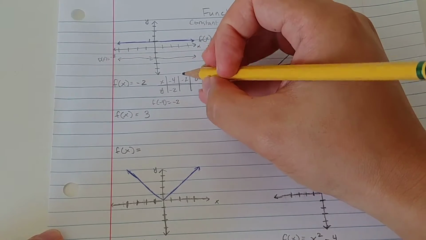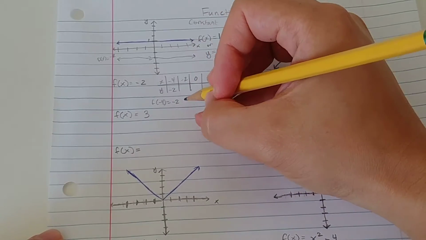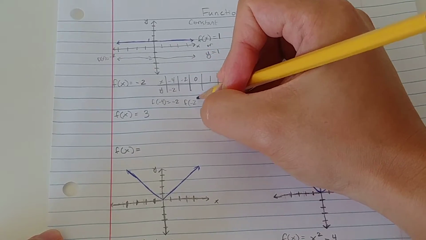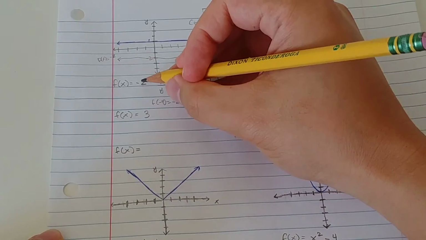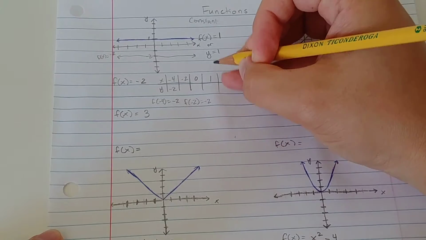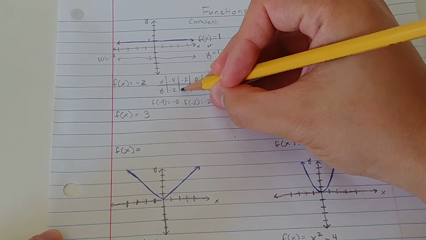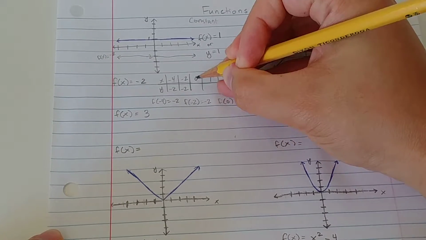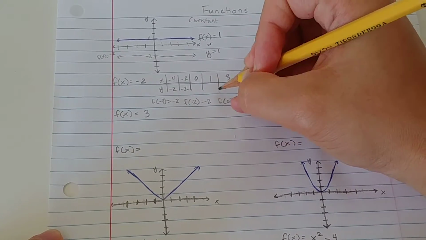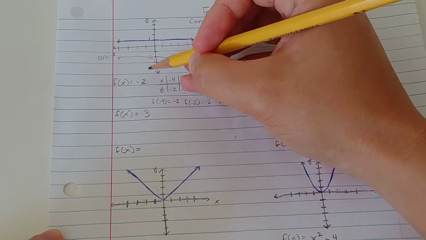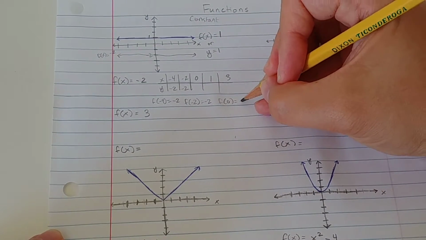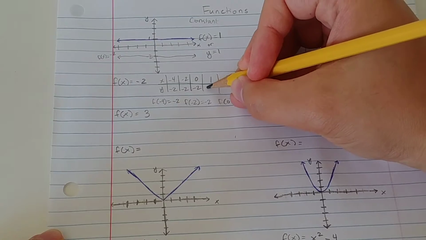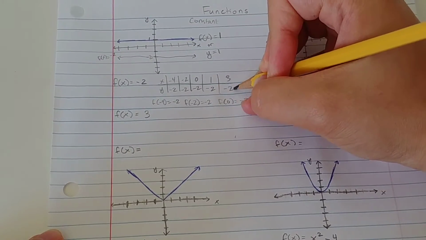Let's try it again. F of negative 2 this time, because that's our x, equals, ta-da, negative 2. And same over here. F of 0, because that's our x, equals, anywhere to put the 0 there? Nope. So still negative 2. You see how it doesn't change?